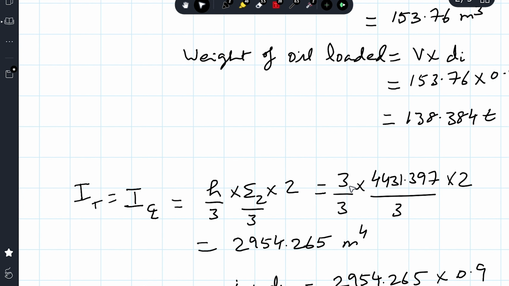So h is 3 by 3, and the sum of the products is 4431.397. Divide by 3 and multiply by 2 for the full water plane area. So it's 2954.265 meters raised to the power 4. This is the moment of inertia of the tank about its center line.